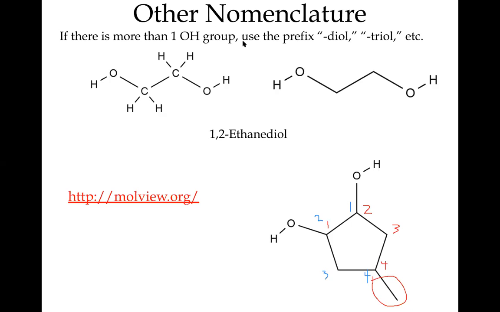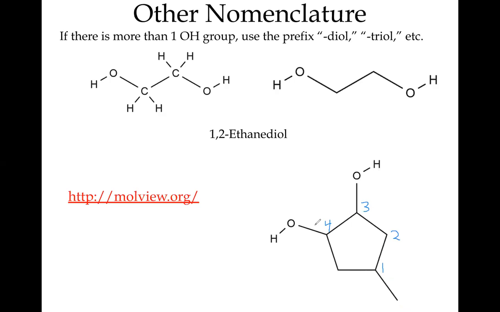What if we numbered this 1, 2, 3, 4? And it'd be the same if we went the other way, 1, 2, 3, 4. Now, instead of having a 1, 2, 4, we have a 1, 3, 4.